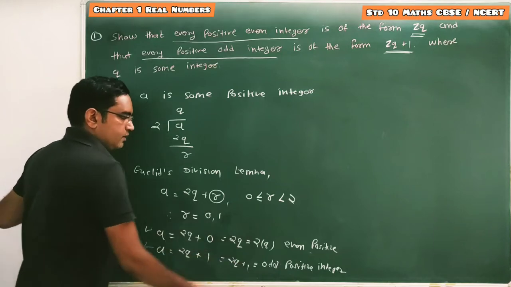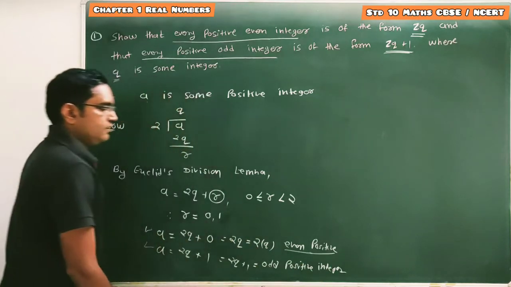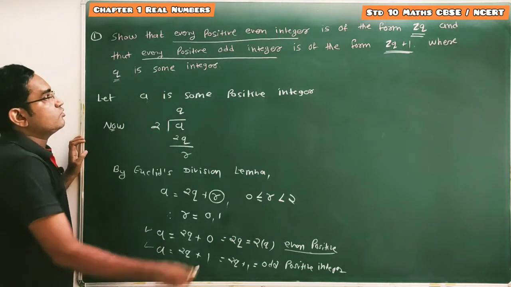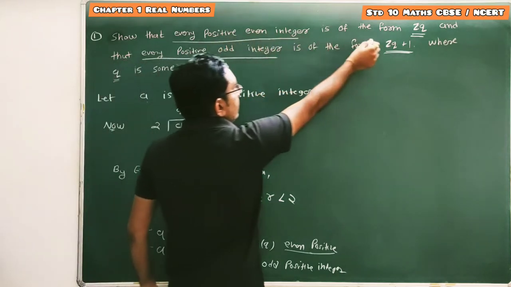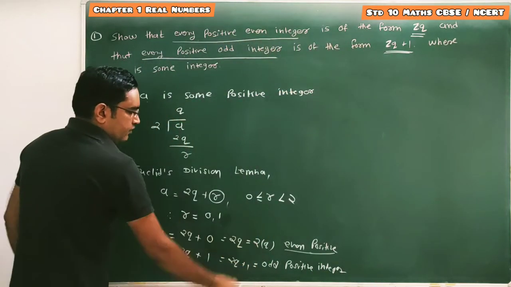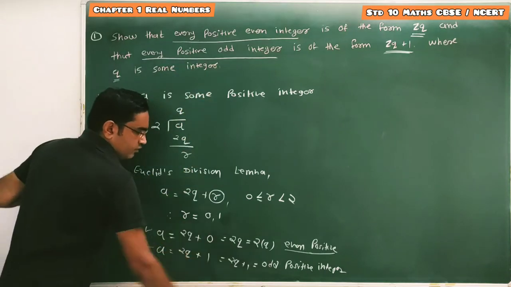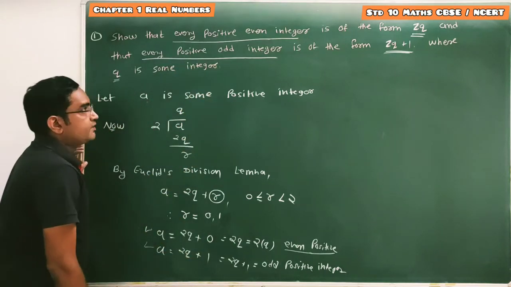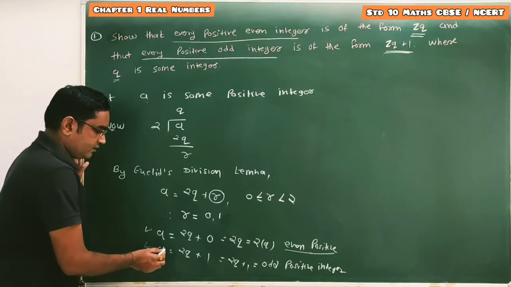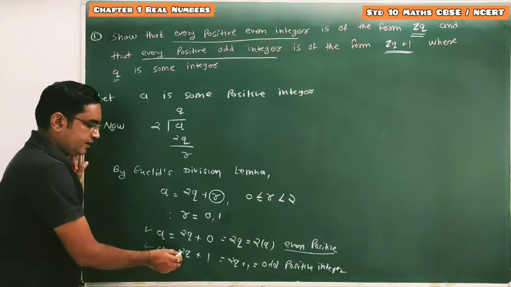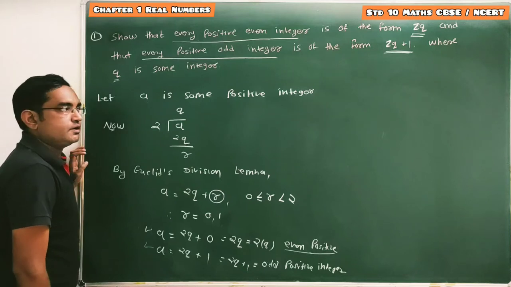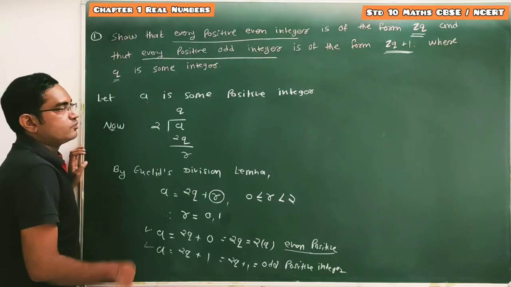This 2q is nothing but the even positive integers. So every positive even integer is in the form of 2q, whereas every positive odd integer is always represented in the form of 2q plus 1. Clear friends? So this is how you can solve this question.